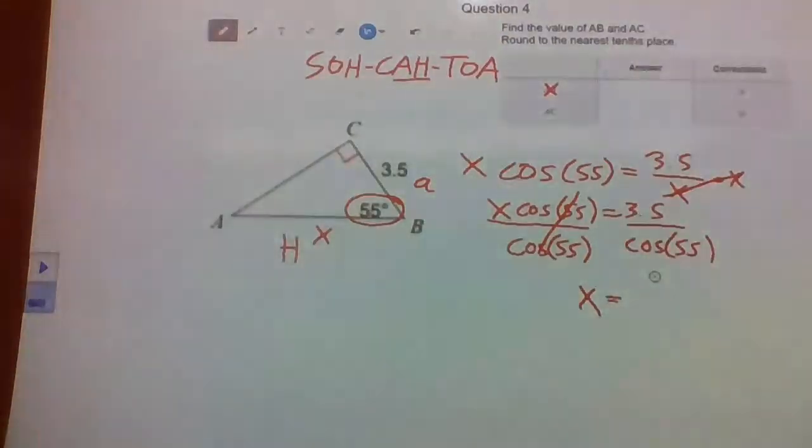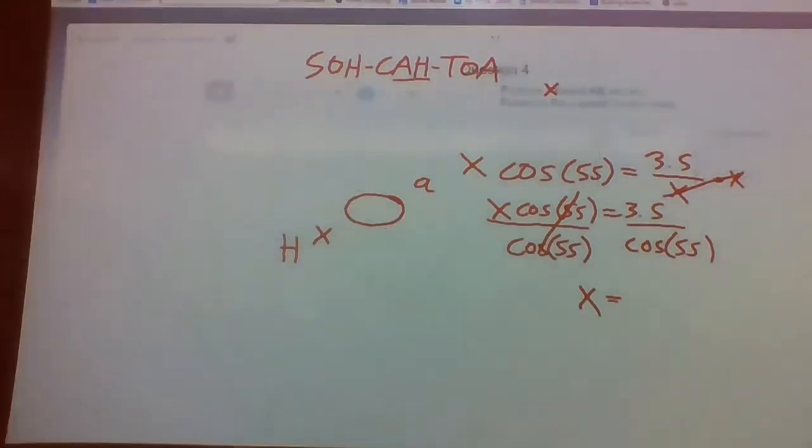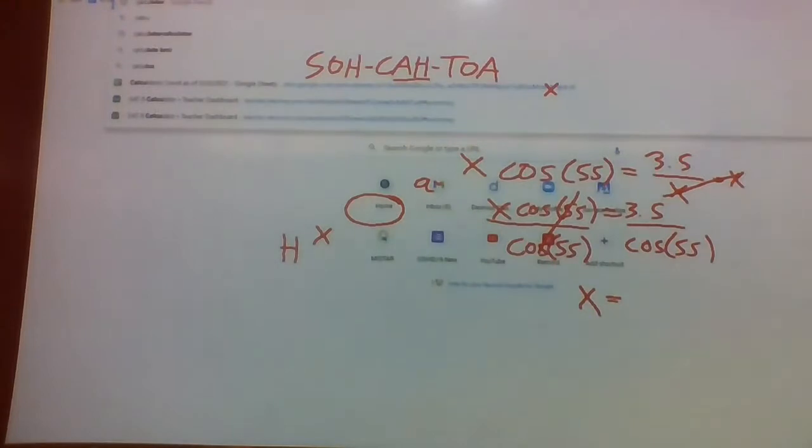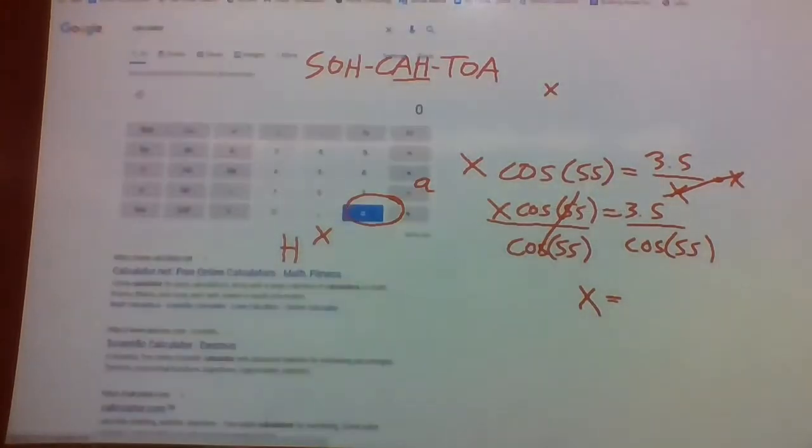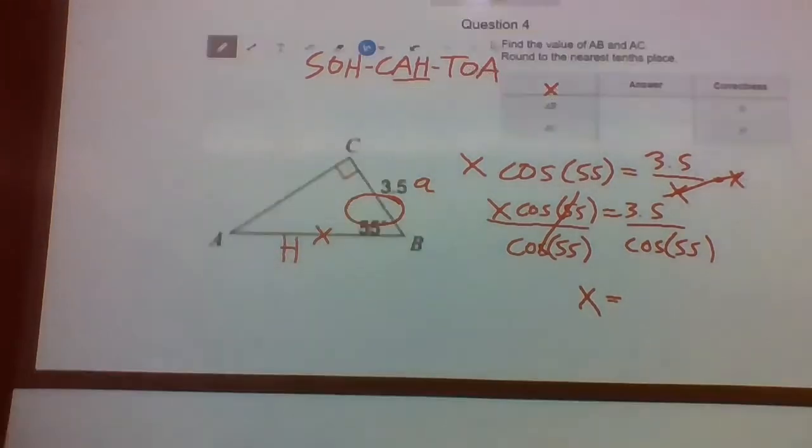So if we need to see that, we're going to come over here. All right, we're going to do 3.5 divided by cosine. We're going to make sure we're in degrees here. Cosine of 55. That's going to give us 6.1. Okay, round to the 10th place, that's going to be 6.1.